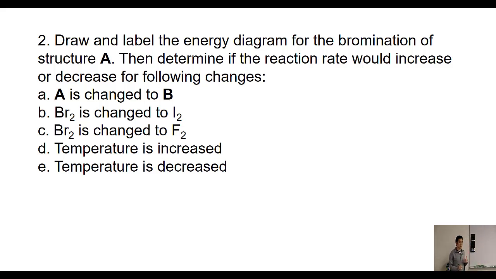And this one, I just want y'all to think through reactions and how they work. First of all, let's do the energy diagram for structure A. So I'm going to do my big energy diagram.